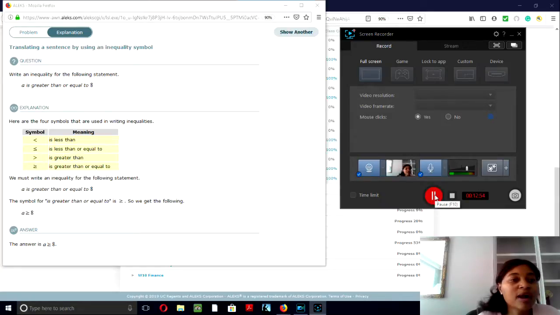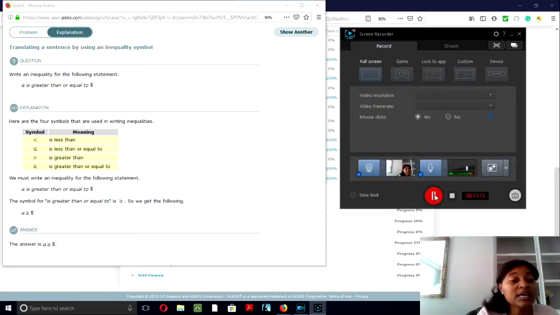Okay, now this problem requires us to translate a sentence using an inequality symbol. So we have the inequality symbol table here, so you can just use that to help you answer the question. So it asks us, what the statement says, A is greater than or equal to 8.